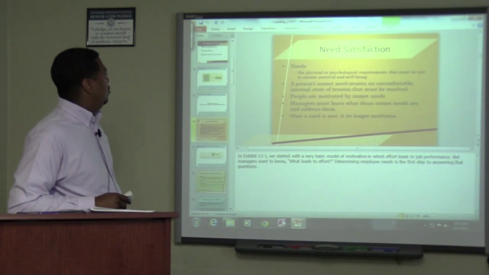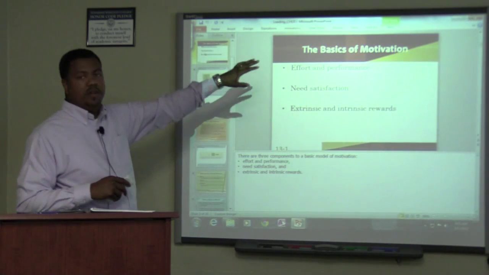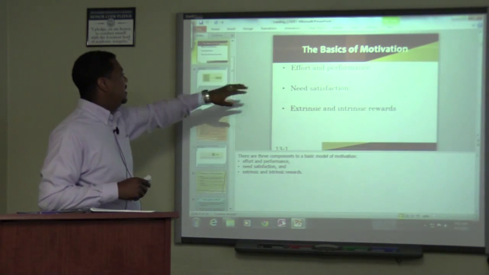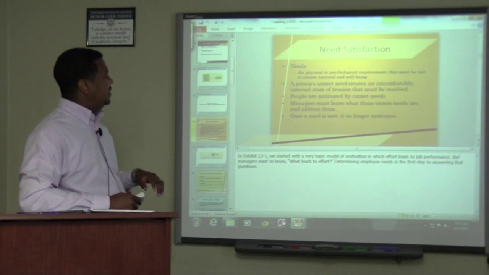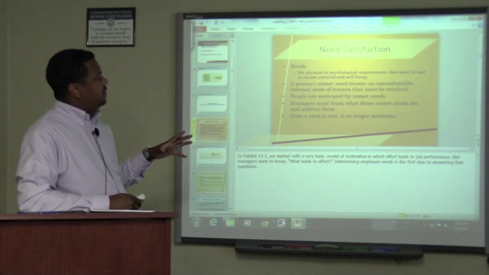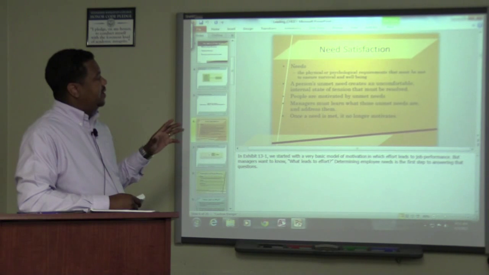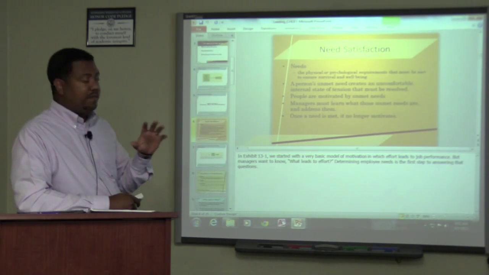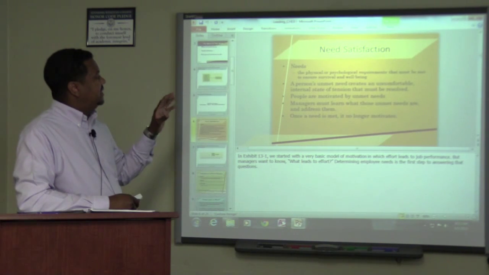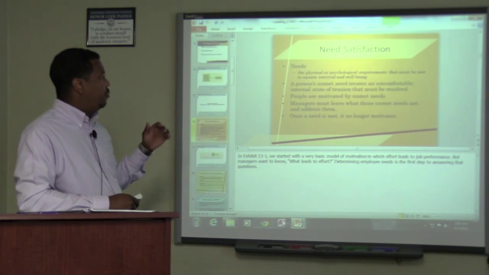We see also, reflecting back to one of the basic motivations, we can look here at need satisfaction. Need satisfaction is basically how the individual identifies the particular needs in order to be successful, as they perceive themselves in a particular environment. Needs are the physical or psychological requirements that must be met to ensure survival and well-being.